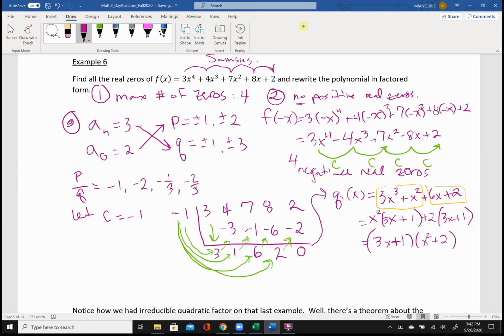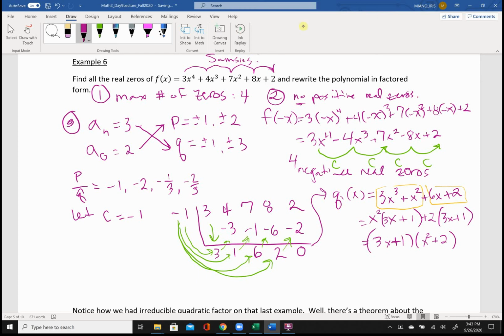So we're going to find in further analyses later on that this will yield non-real complex zeros. So that's just a discussion for another time. So in any event, we cannot factor this any further, and we can put this together with the factor of x plus 1 that we deemed an actual factor of f of x.